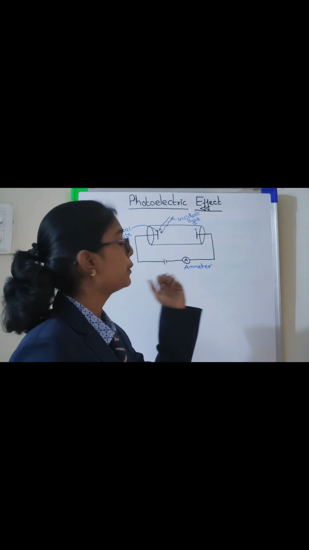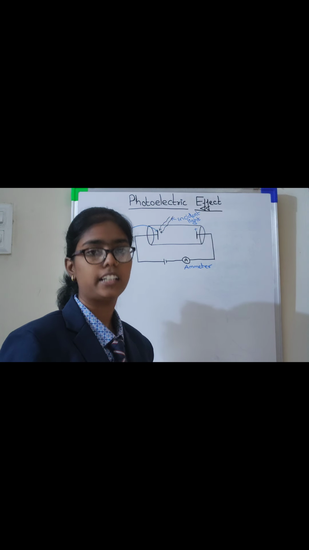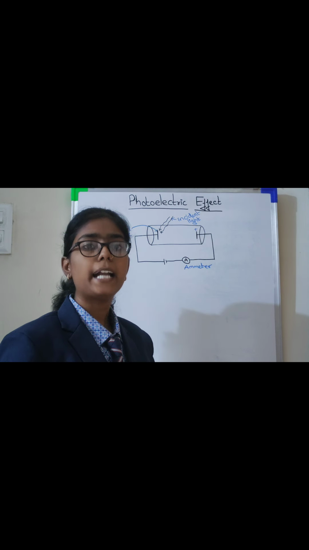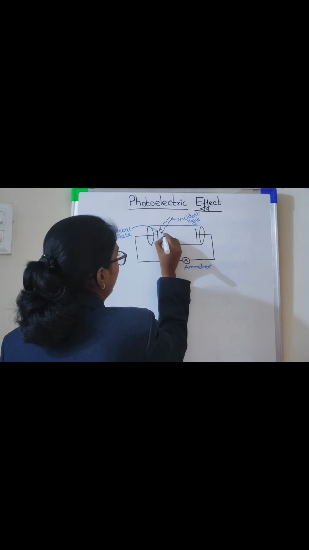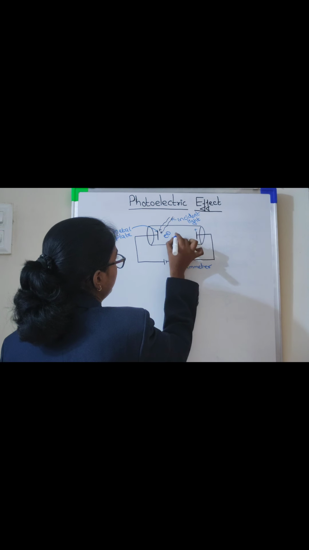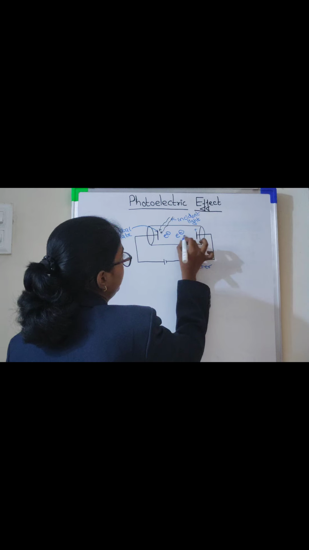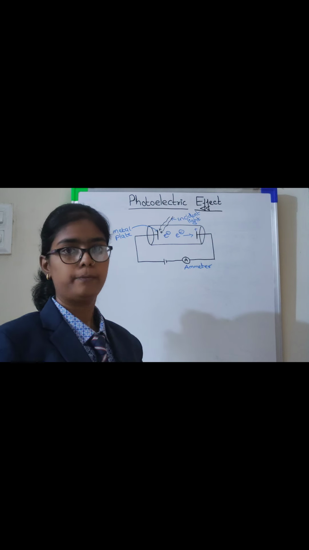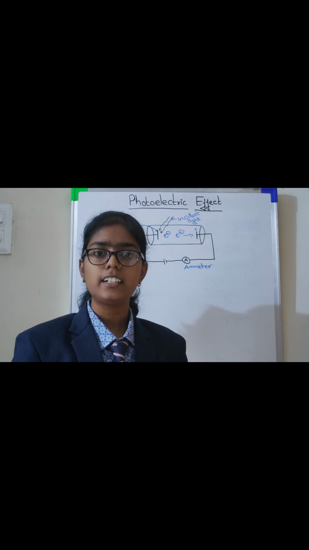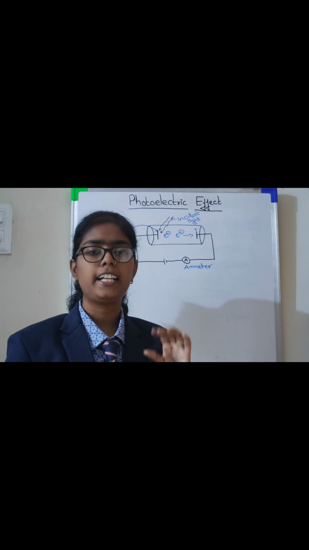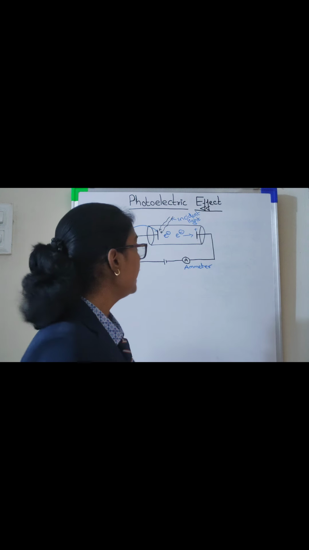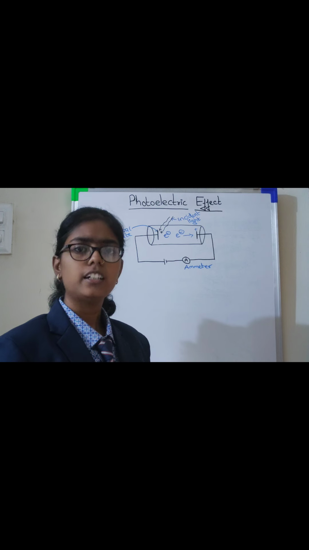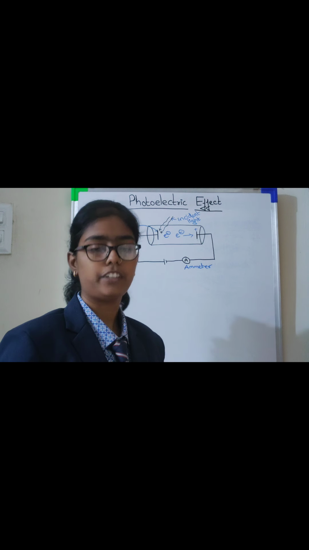Later, we increase the frequency of the incident light. What we observe is that at a particular frequency of light, the electrons start to eject from the metal surface and move towards the positive plate. Later, we again increase the frequency of light.